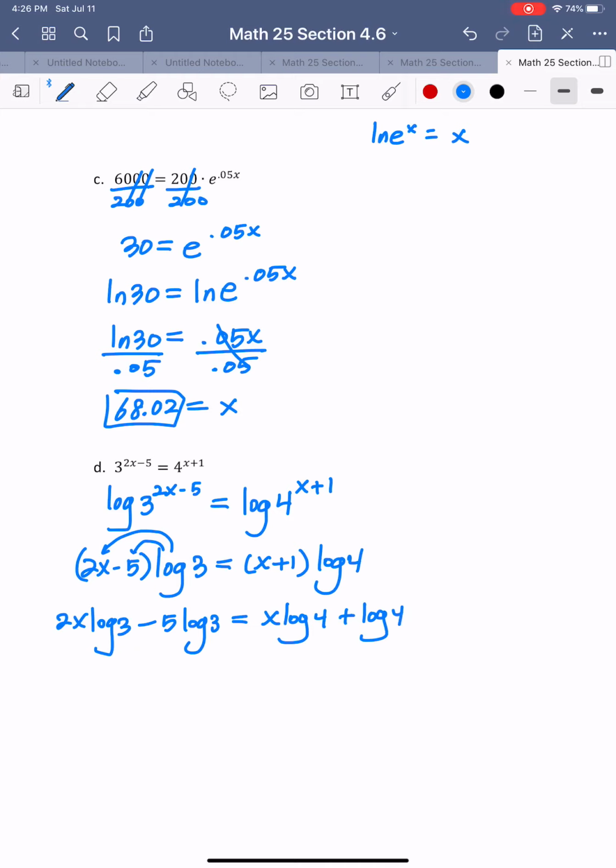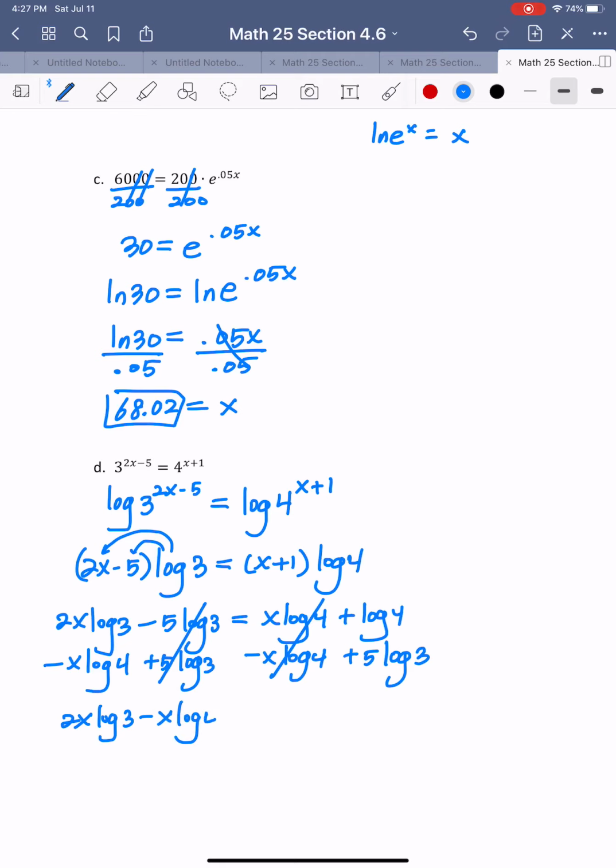But we are solving for x, so I'm going to put all the x terms of the log on one side, and move all the terms that don't have x to the other side. So this cancels out and this cancels out. Now we got 2x log of 3 minus x log of 4 equals log of 4 plus 5 times log of 3. In order to solve for x, one way is to factor it out.